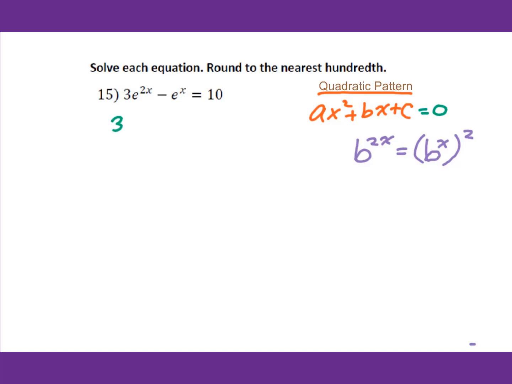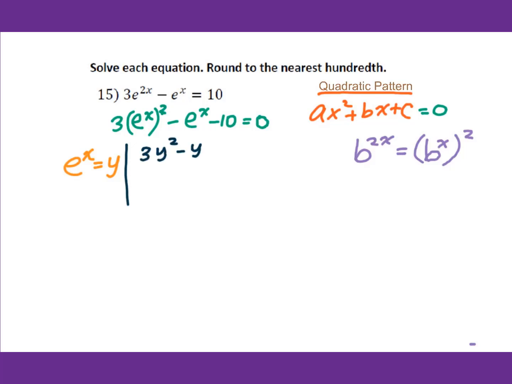We got 3e to the 2x minus e to the x power minus 10 equal to 0. Then we assume e to the x power equals y this time. And we got 3y squared minus y minus 10 equal to 0.